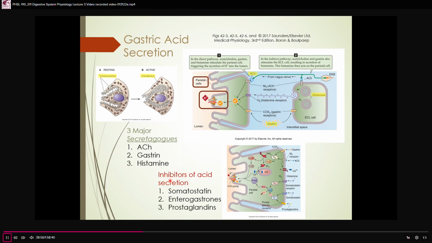There are also a number of substances that act to inhibit the acid secretion. So things that would inhibit it would be the somatostatin. Remember, this is going to come from the population of cells called D cells in the stomach lining.